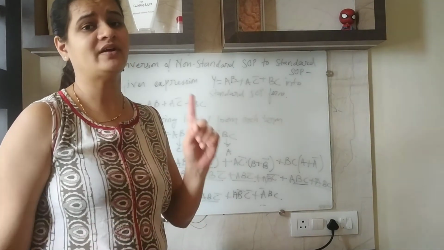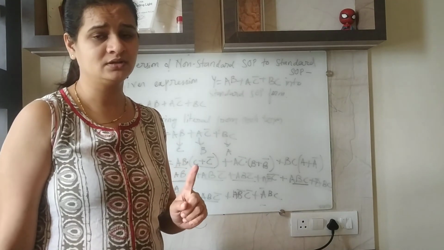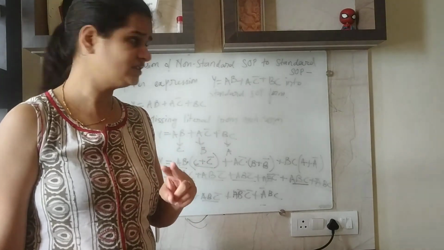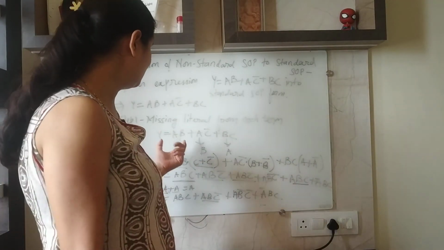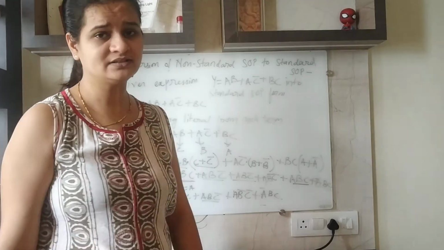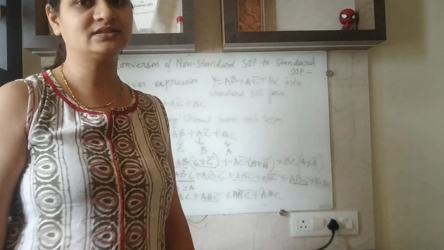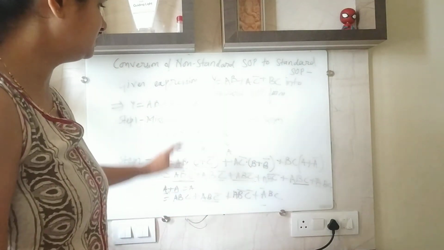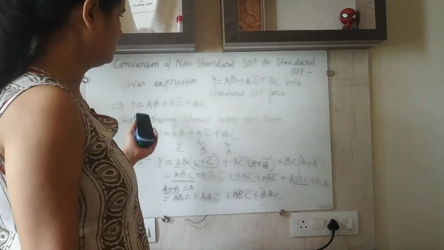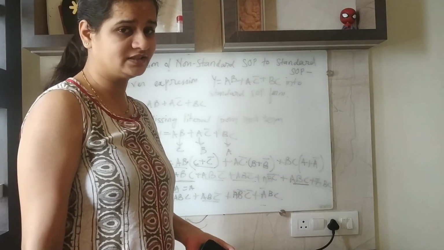First step is to find out the missing literal from each term, right? Second, you have to AND that missing literal OR with its complement, and after that step 3 is to simplify the equation to get the standard SOP equation, right? So these are the steps which we have to carry out and we'll get the standard SOP equation.